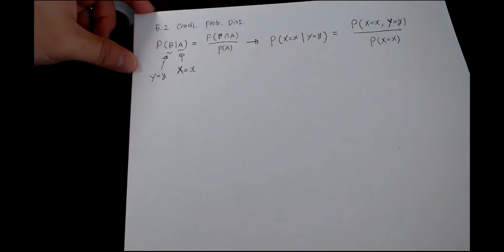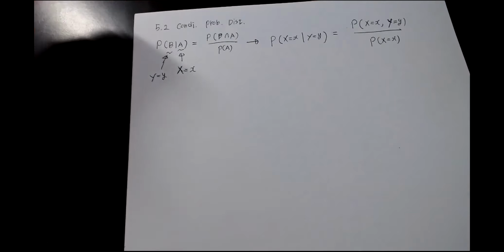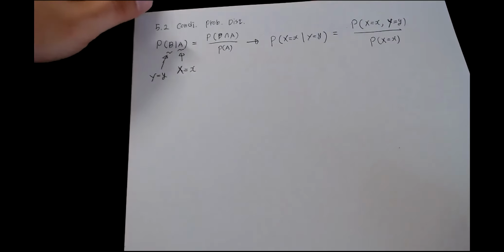Now let's see example 5.5, conditional probability for mobile response time. We saw this example in 5.1, and we're going to use the same table shown in example 5.1.